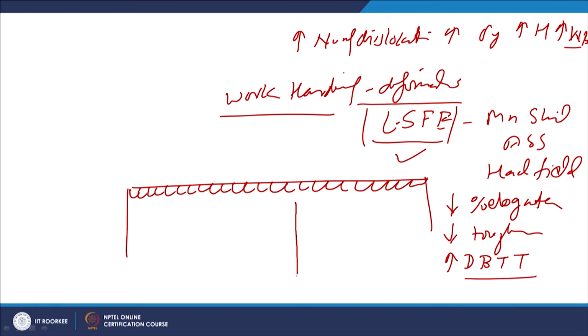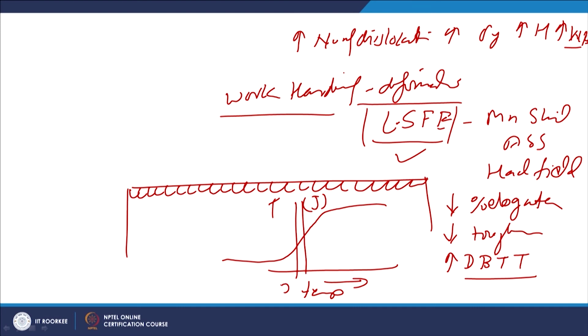This is the temperature at which a sharp drop in toughness takes place. Here we have toughness in terms of the energy absorbed, and here we have temperature. The higher the temperature, the higher the toughness, and this is the temperature where the transition is observed. This will be the ductile to brittle transition temperature. It is always desired that this temperature is on the lower side.